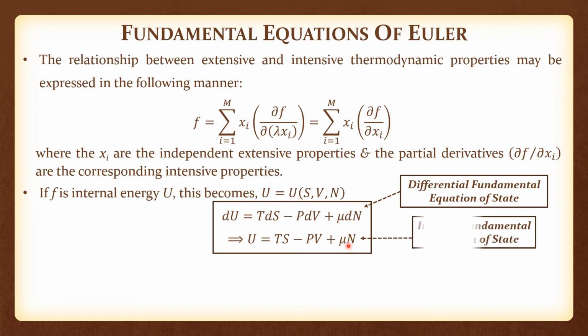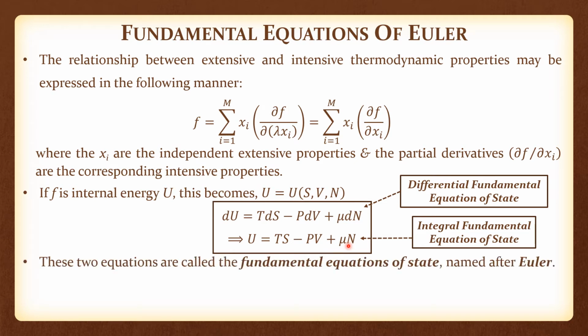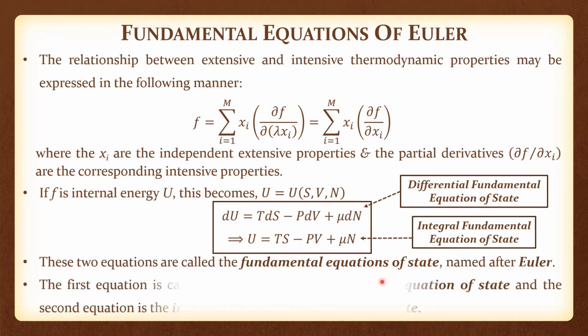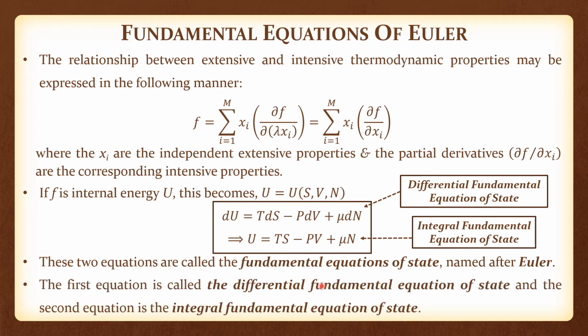So this is the integral fundamental equation of state of Euler. These two equations are called the fundamental equations of state, named after Euler. The first equation is the differential fundamental equation of state. The second is the integral fundamental equation of state.